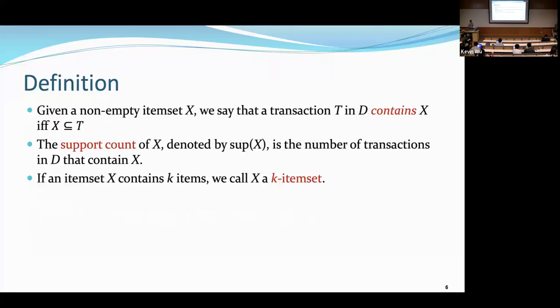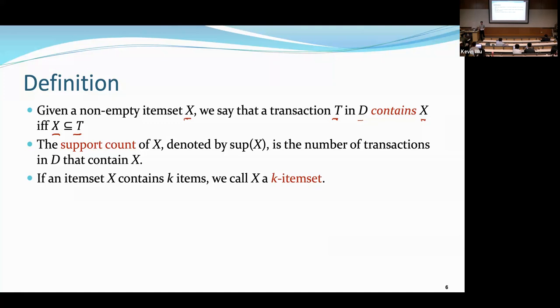Some more definitions. Given a non-empty item set X, we say that a transaction T in the data set D contains the item set X if and only if the item set X is a subset of the transaction. That is to say, all the items mentioned in the item set X are present in the transaction.